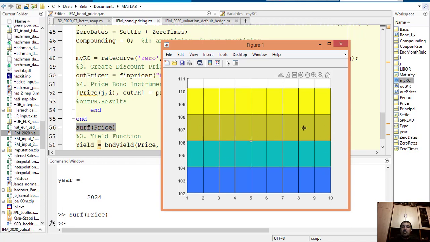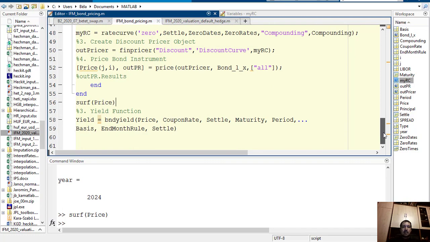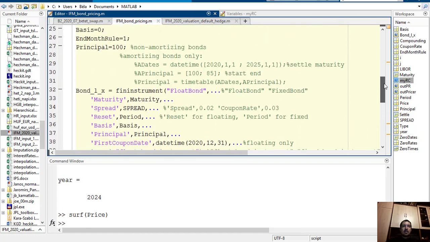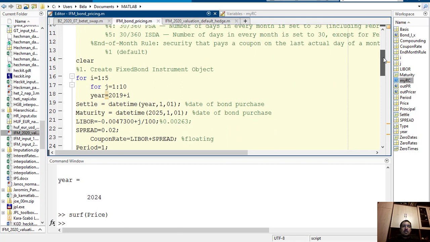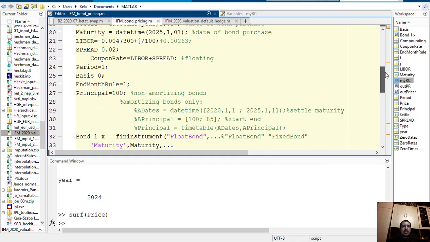So LIBOR is just flowing through this bond, and that's all. So yeah, that will be the second lesson here. And so this is from the investment or investor point of view. What we can say.